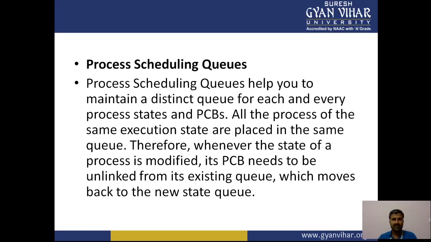So basically, the process scheduling queue helps to maintain distinct queues for the process control blocks, PCBs, and all the processes of the same execution state are placed in the same queue. So this is all about the scheduling queue.